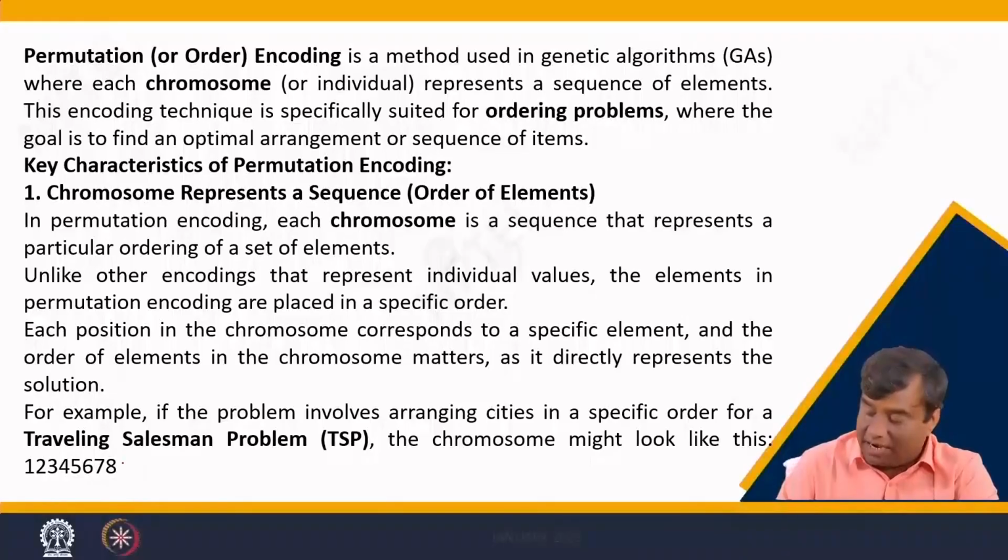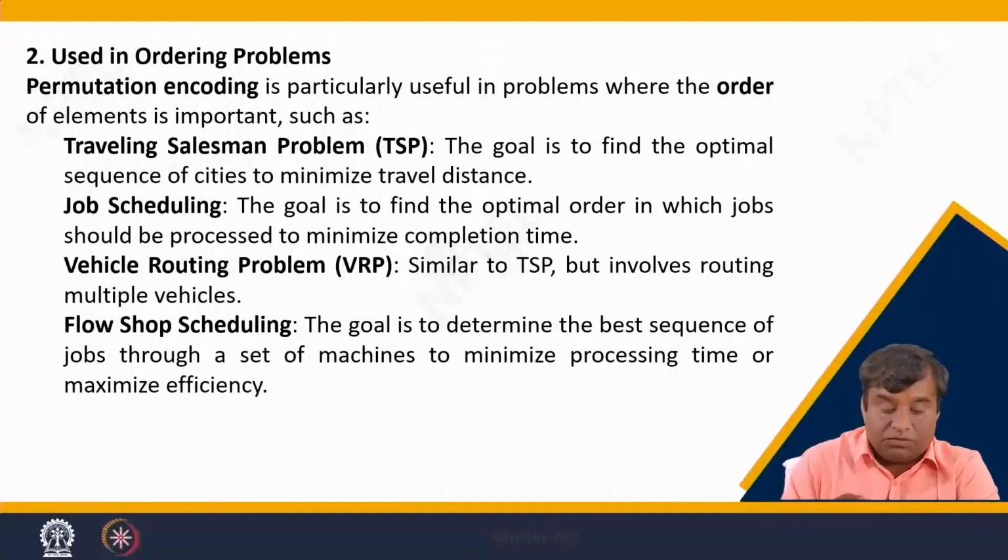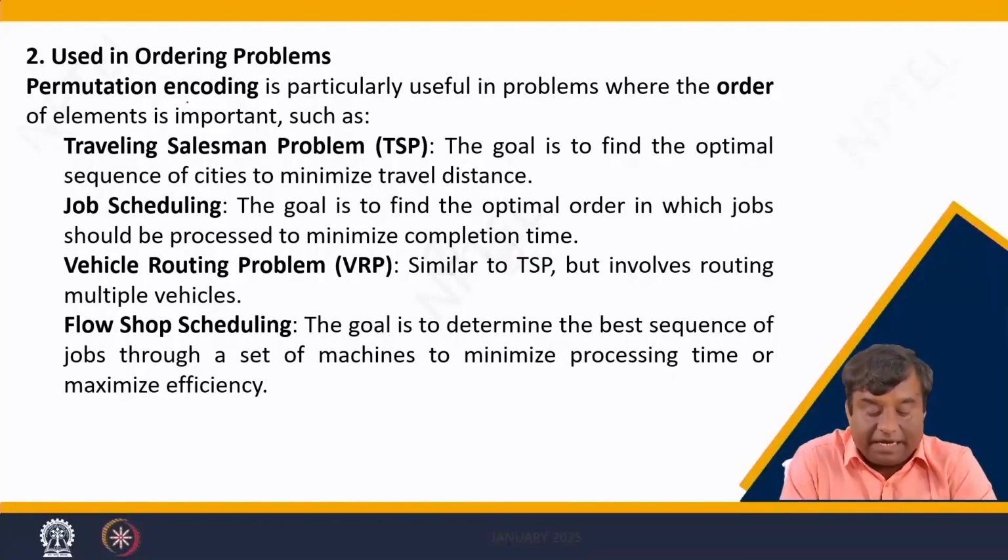Second, it is used in ordering problems. Permutation encoding is particularly useful in problems where the order of elements is important, such as the traveling salesman problem. As you have seen, the goal is to find an optimal sequence of cities to minimize travel distance or maybe the traveling cost.